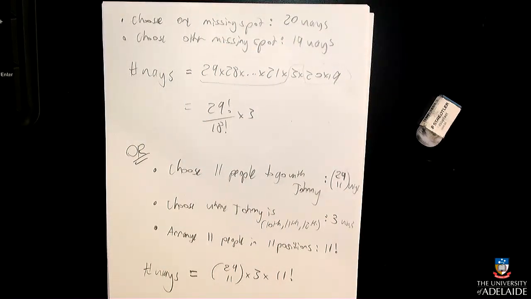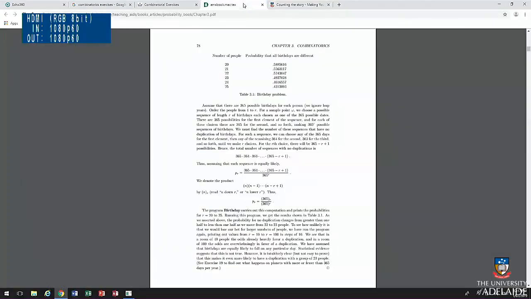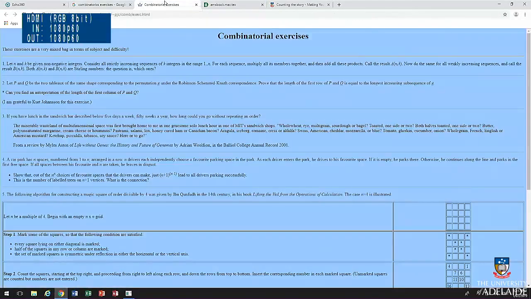Okay. I wish I had a really nice, complicated one that was really hard. Let me just try one more time to find one. Yeah, this is not the right one.